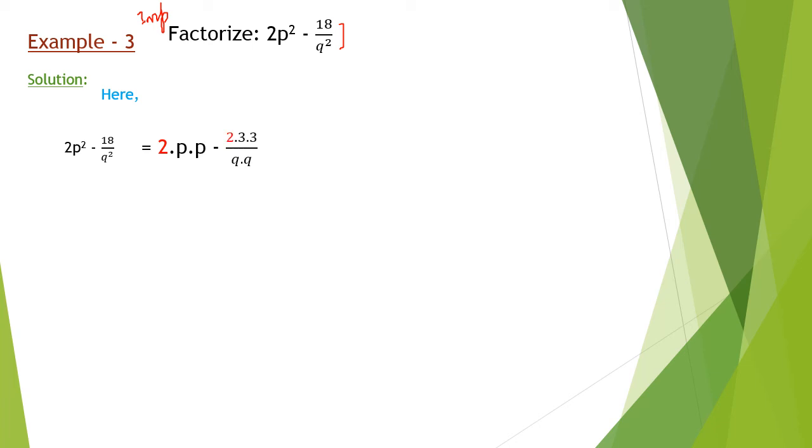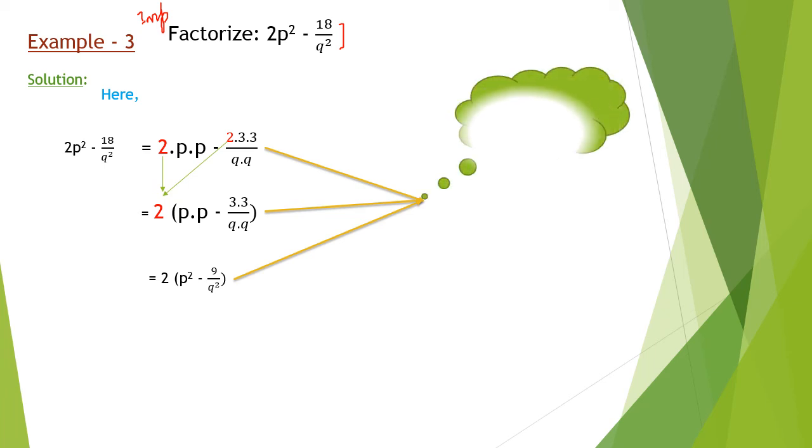Now see the 2 in red color, that's common, so we have to separate the common from the rest of the other. Now remaining is p . p from the first term and 3 . 3 in the numerator, q . q in the denominator in the second term. Now what we get is 2(p square minus 9 upon q square). These 3 steps we have learned in type 1 factorization.